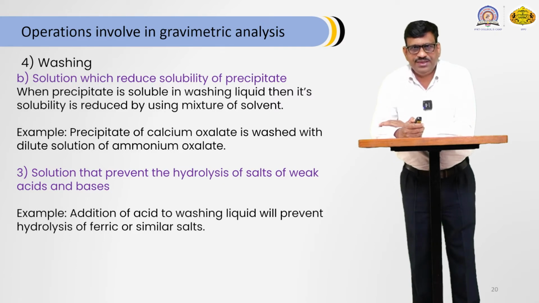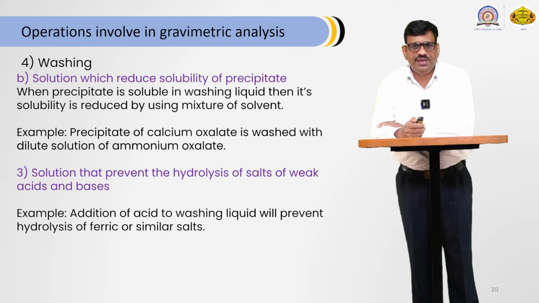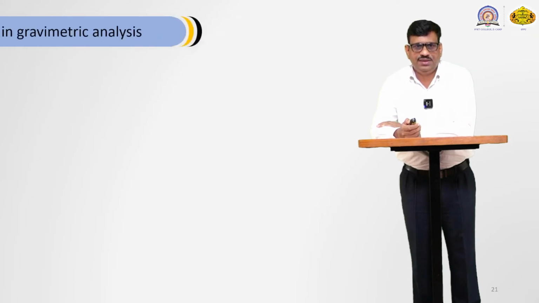Sometimes when the precipitate is washed with solvent, hydrolysis of the precipitate can take place. To avoid this, these things are important. For example, addition of acid to the washing liquid will prevent hydrolysis of ferric or similar salts.